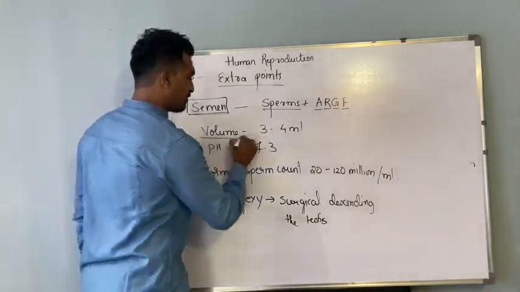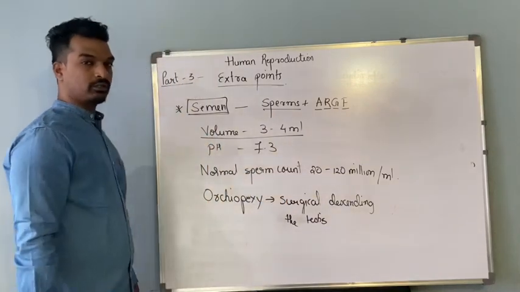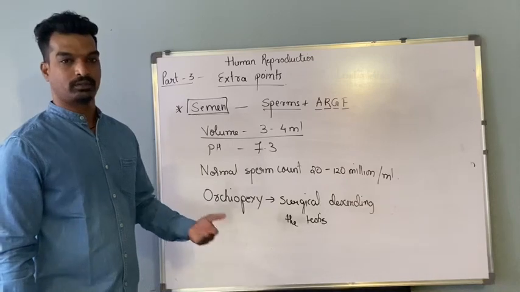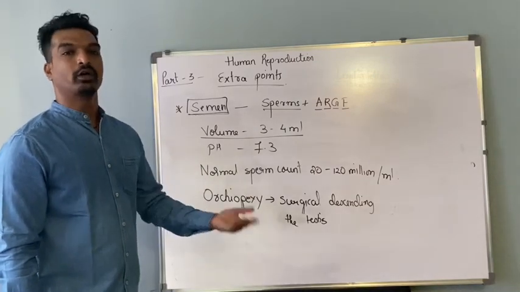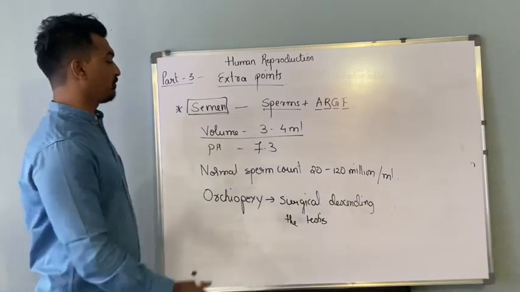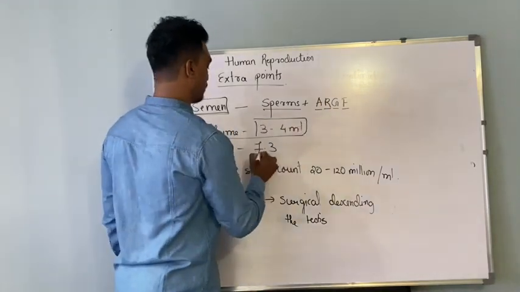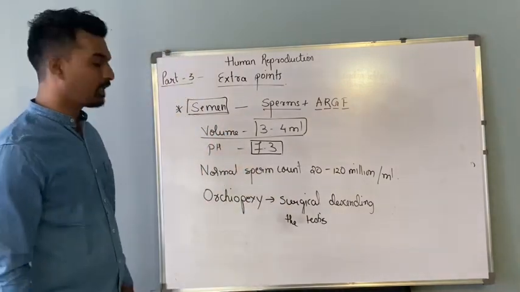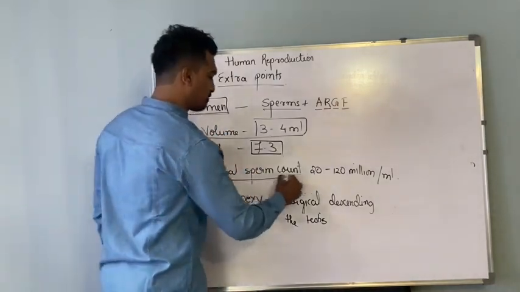So what is the volume of the semen? 3 to 4 ml. During ejaculation, that is the release of sperms during coitus, the semen has a volume of 3 to 4 ml. What is the pH of the semen? The pH of the semen is 7.3. Then what is the normal sperm count?